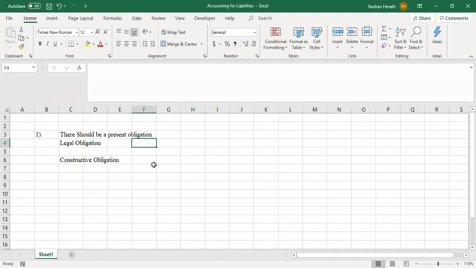So it is not there. Therefore here what we can assume is that there can be a constructive obligation. A constructive obligation is an obligation that goes beyond the legal obligation. So the business organization would attend to certain obligations because of their ethical business conduct. One of the main reasons could be their ethical business conduct.